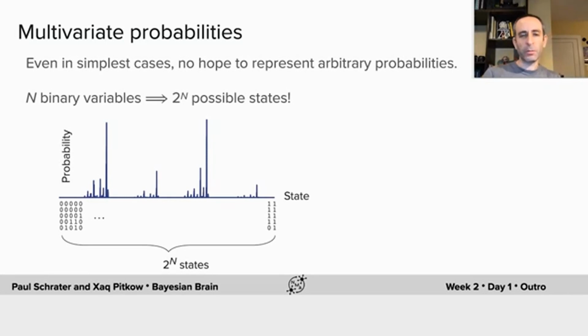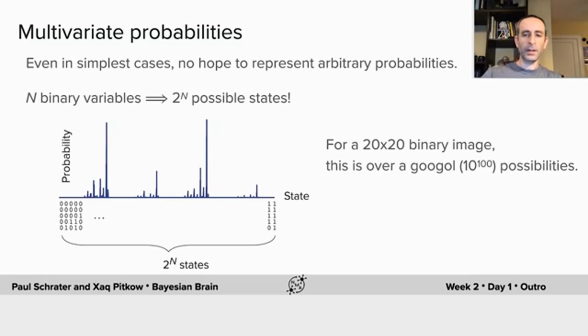When we have a lot of variables, there's really no hope to represent arbitrary probabilities. And we can see that by taking n binary variables, which therefore have 2 to the n possible states. Even if we have just a 20 by 20 binary image, this is over a Google possibilities. We need simplifications.